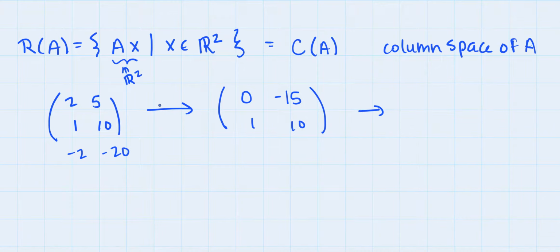Let me write out what I'm doing just so I don't confuse anybody. So I took -2 row 2, I added it to row 1, and now I'm going to switch row 1 and row 2.